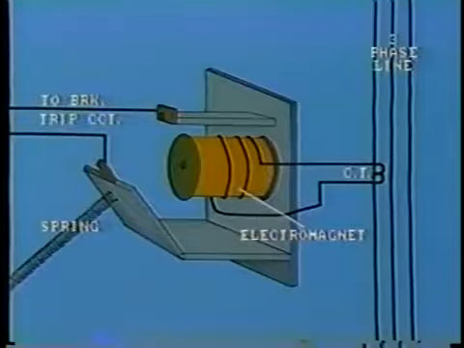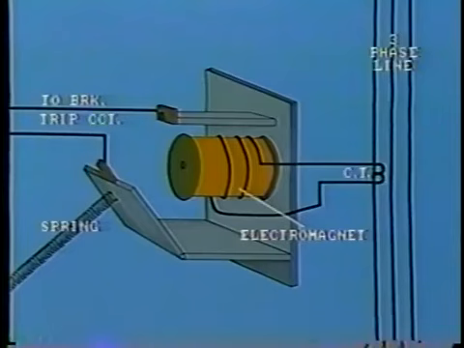For example, a fault out here on this feeder would give rise to an overcurrent in the line. An overcurrent relay connected close to the breaker would detect this and could be set to open the breaker. The standard device number for an instantaneous overcurrent relay is number 50. Here is a typical instantaneous overcurrent relay of the clapper type.